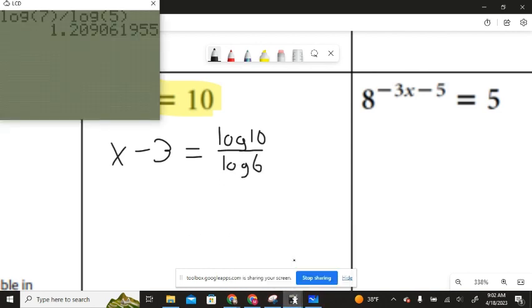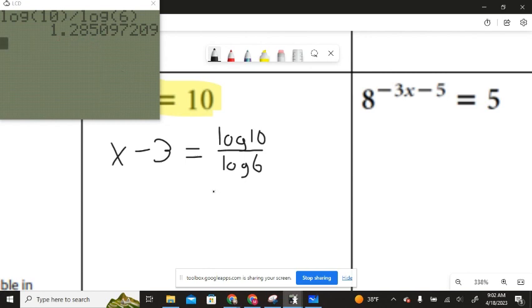Now, with this happening, it's important to know you are going to have a third step after this. So let's do this math. We got log of 10 divided by log of 6.